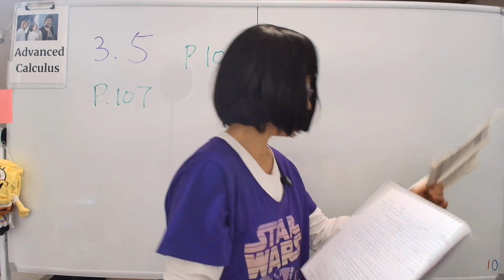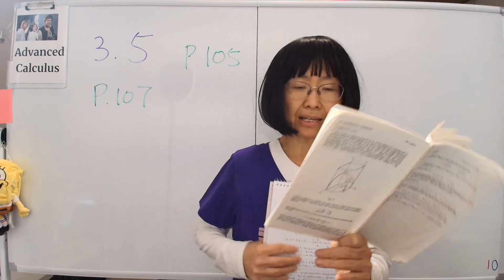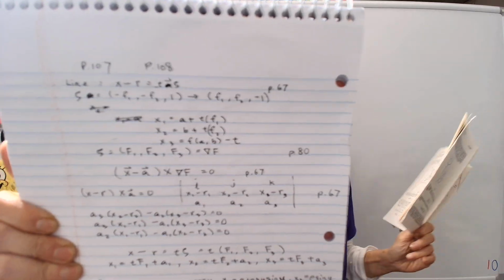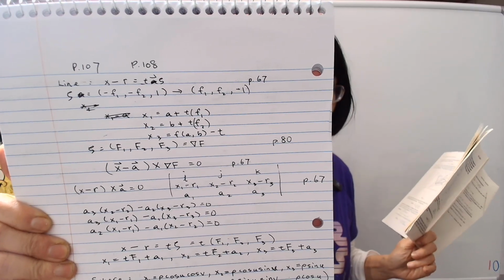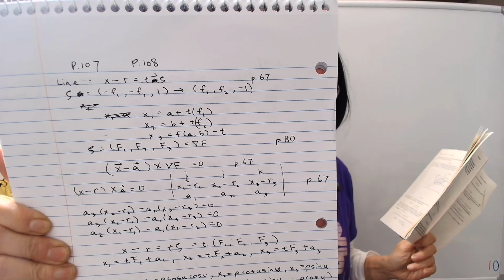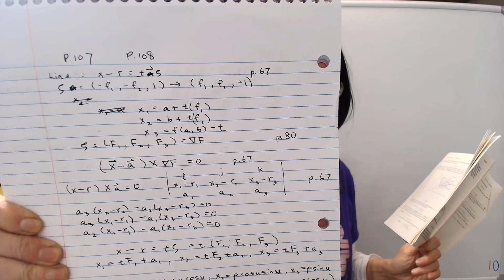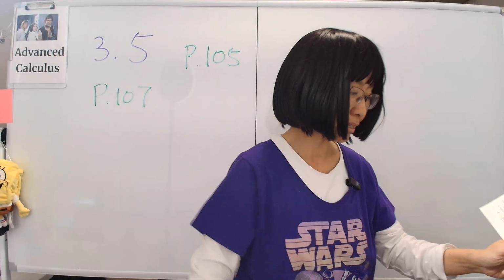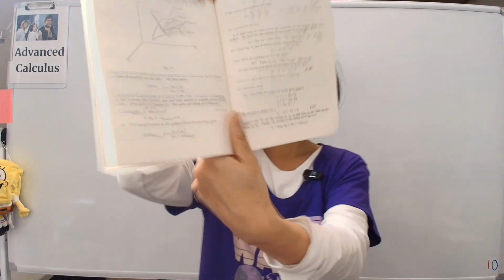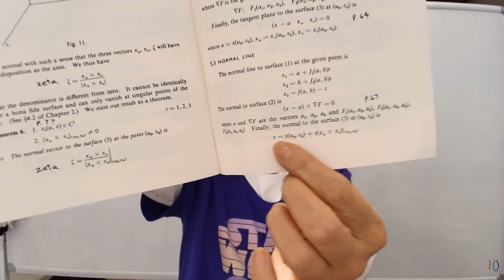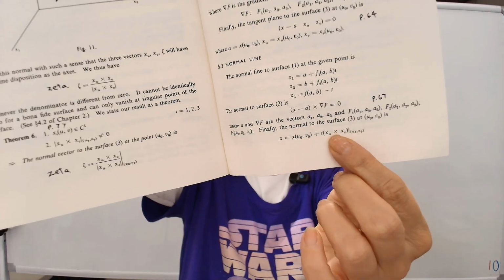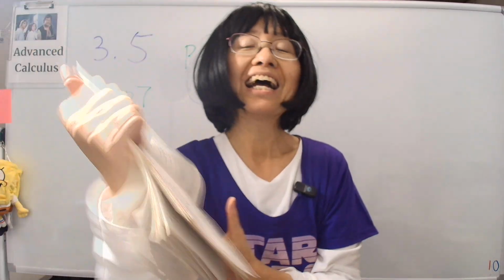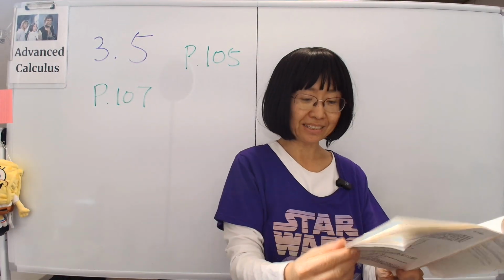Psi in this case is xu cross xv, see the very top of the page of my notes. Then you plug in x minus r equal to t times psi, so x equals the original point plus t times psi, ignoring the magnitude, because we only care about the direction.